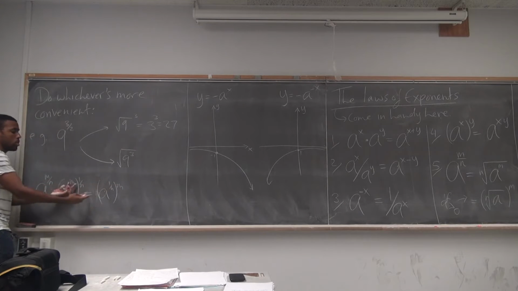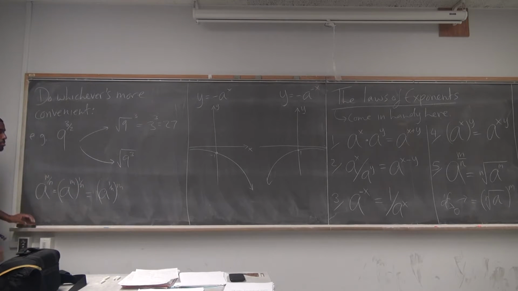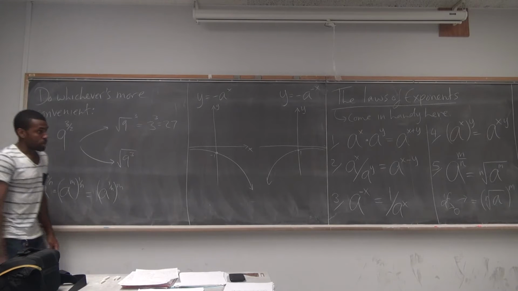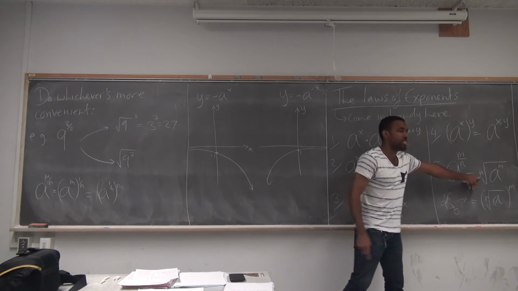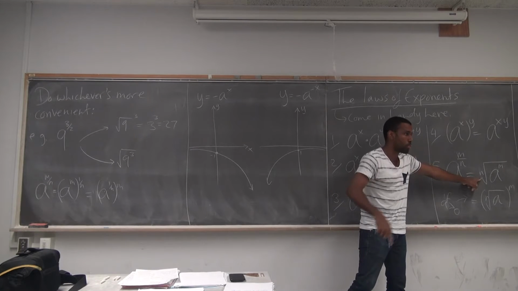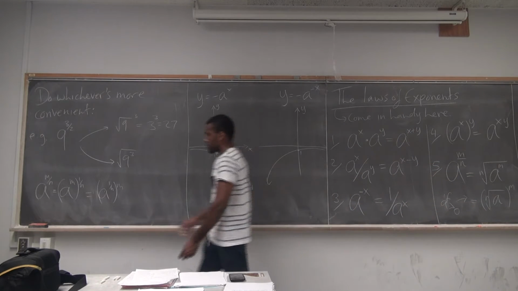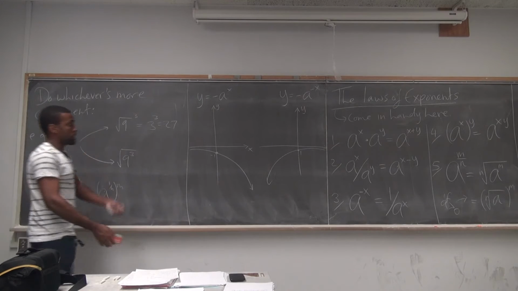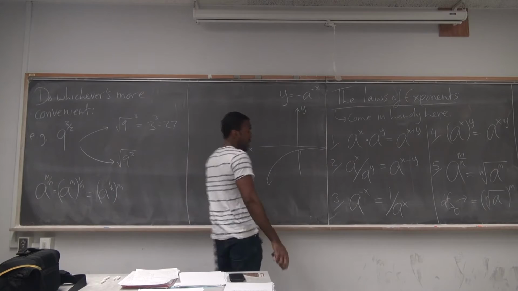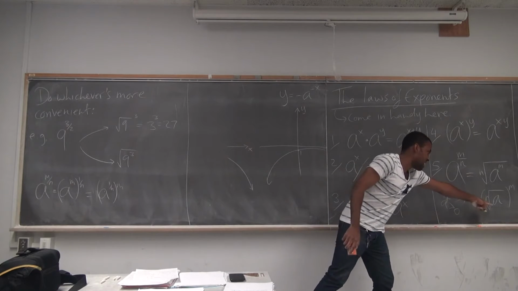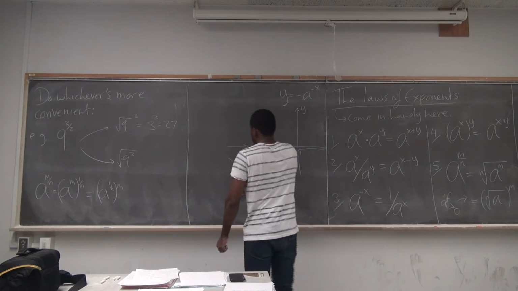In either case, I'm multiplying these two numbers, so it gives me the same thing. Why I care about a being greater than 0 is because if n is even, remember the domain will mess up. But in general, you can do it either way. If n is odd or a is positive, then it doesn't matter which one you do first.